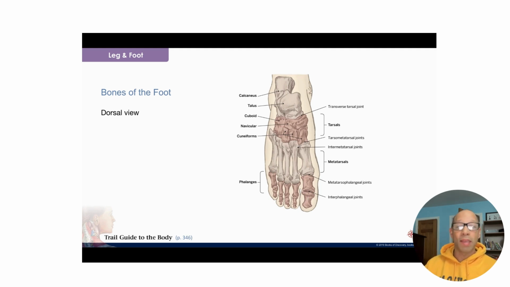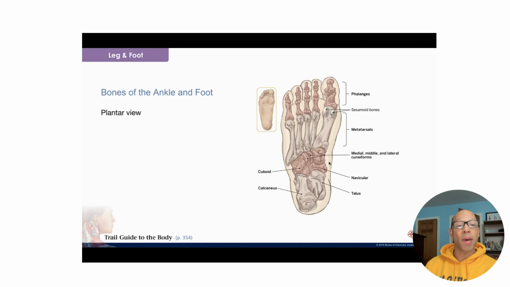Okay. And then here is a bottom view of all those, and so you'll see all these tarsals, and then you'll see the metatarsals, 5 of those, and then you'll see the phalanges here, the 14 phalanges. And there's 2 little bones here called the sesamoid bones that can kind of get irritated over time too.